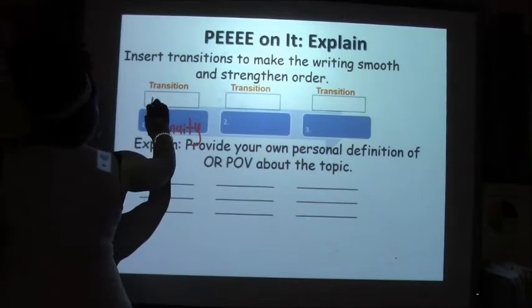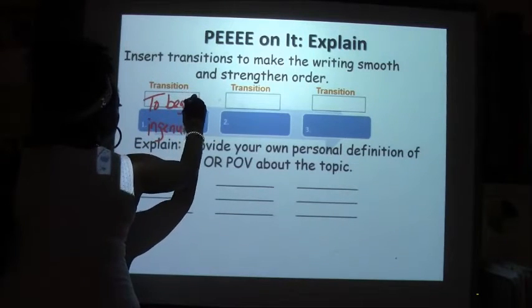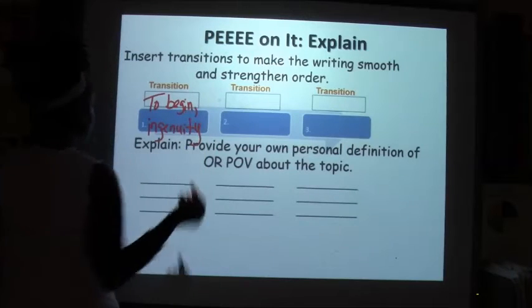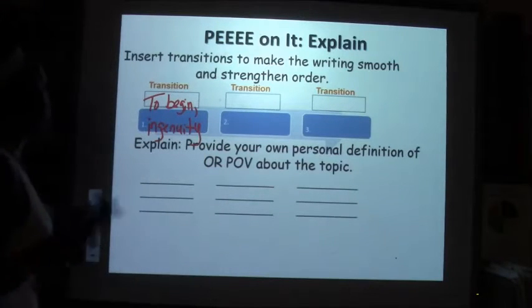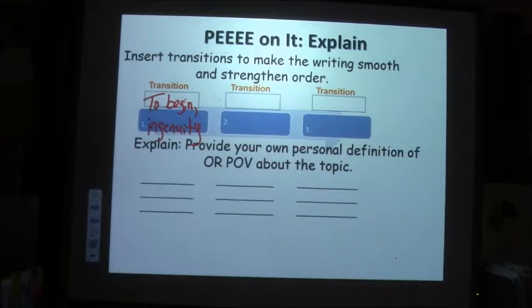And I'm just going to go ahead on, because I know I want to just say to begin, keep it pretty simple. And I'm going to talk about it, ingenuity. What do I mean when I say that competition breeds ingenuity? Competition is a good idea in schools because ingenuity is the product of it. And that's what I would write right here.